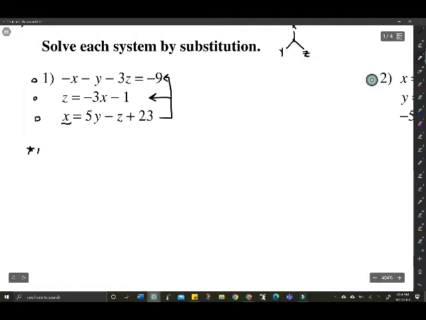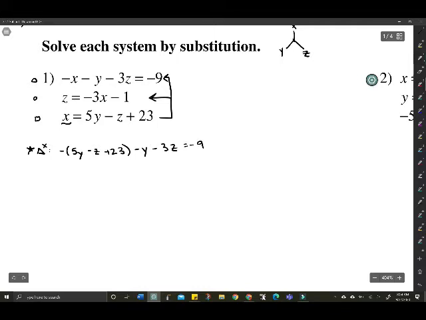So this is triangle with x substituted. So it's negative 5y minus z plus 23, okay, minus y minus 3z equals negative 9.